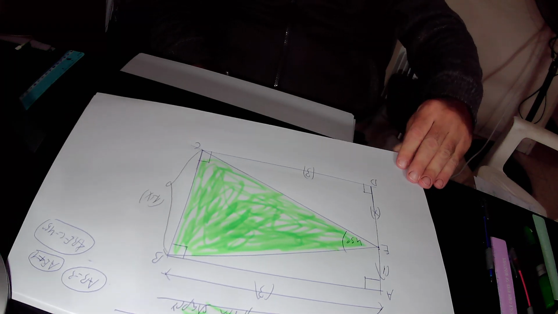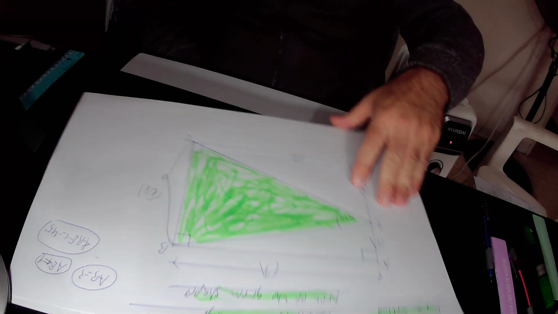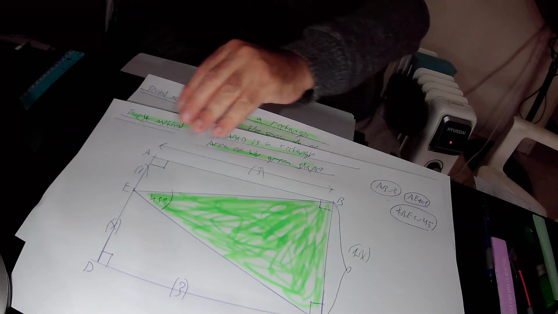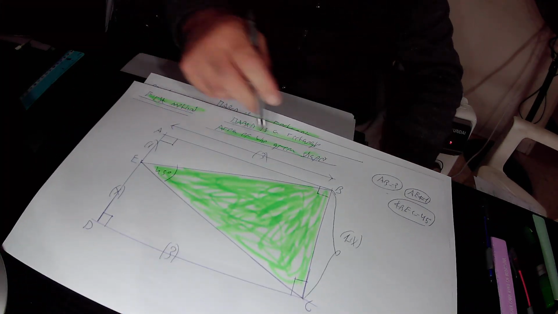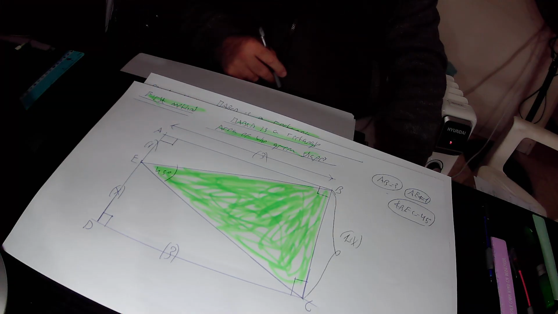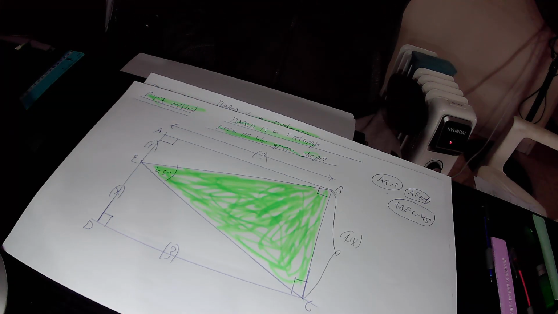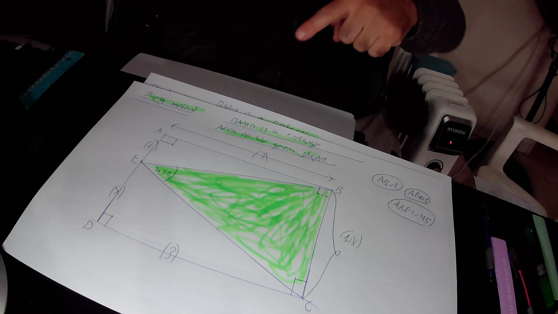So, triangle ABE, this is triangle ABE, it is a right triangle, so we will apply the Pythagoras theorem on this right triangle.